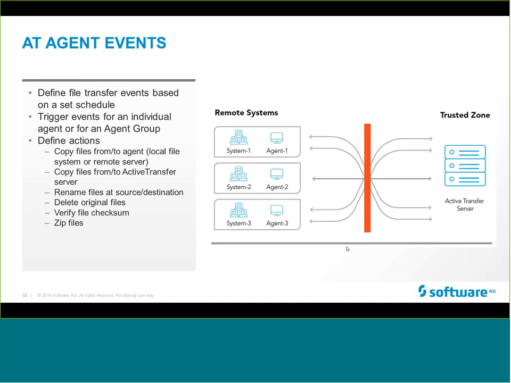Whatever that may be, all of the capabilities are available. So you're moving the file from a location on the agent side to a location on the central server side, or on the reverse side, you may pull the file from the central server and bring it to the agent side. So you can do it both ways.